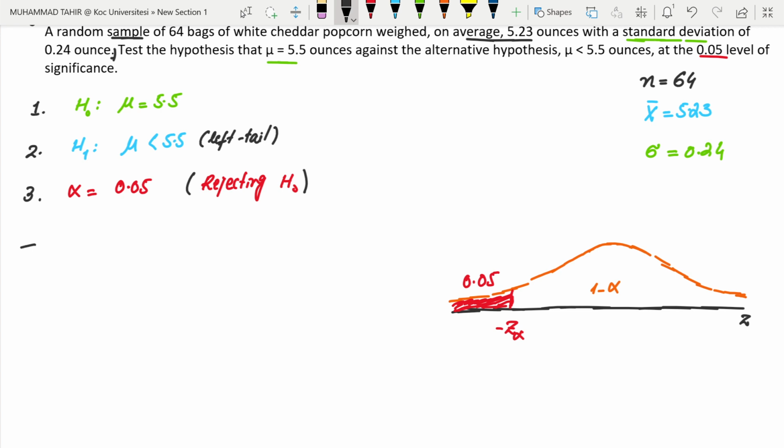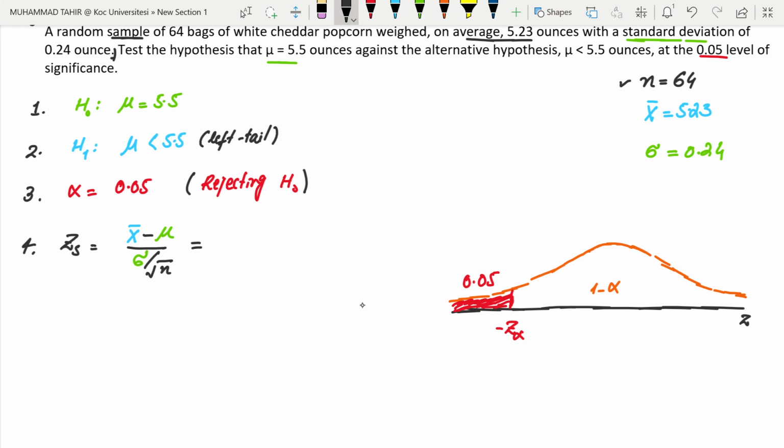And the fourth step is where we calculate Z sample. If it was the T distribution, I would have used T, but because n is greater than 30, I have used Z. Z sample is x bar minus mu divided by sigma divided by square root of sample size.